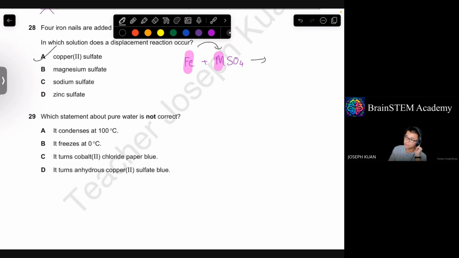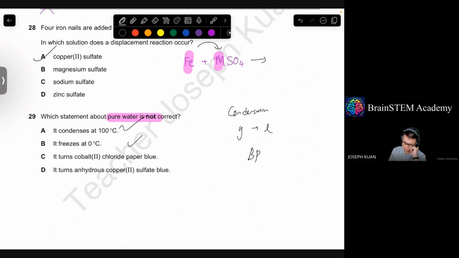Which statement about pure water is not correct? It condenses at 100 degrees Celsius. That should be still okay, because condensation is the conversion of gas to liquid, and the boiling point is at 100 degrees Celsius. B, it freezes at 0 degrees Celsius. That's true for pure water.